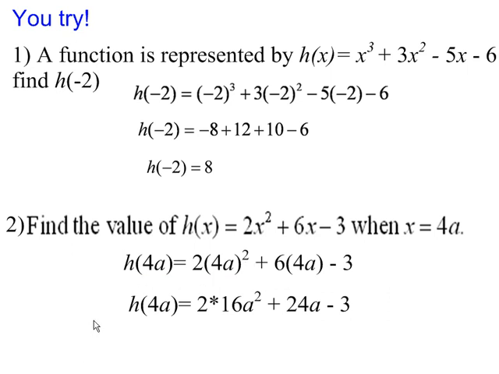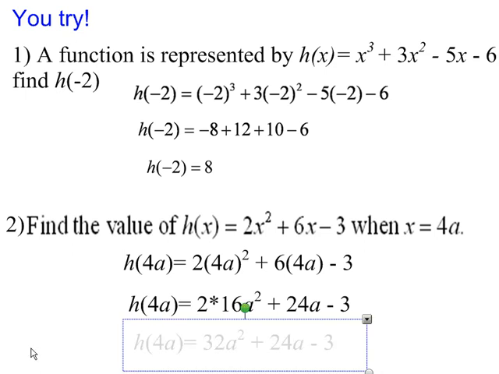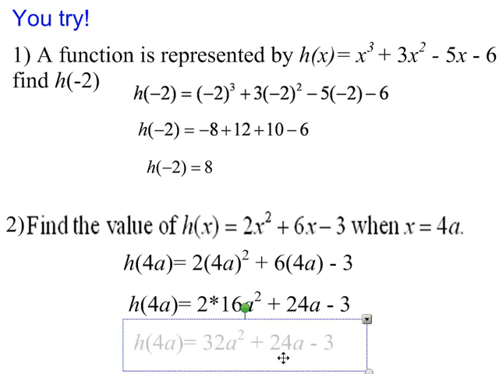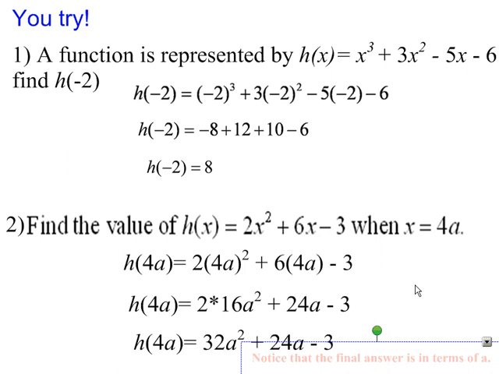Bring down the minus 3. 16a squared times 2 is 32a squared. Bring down everything else. This is the final result. Notice, as I stated before, that the final answer is in terms of a, and that's because an expression was substituted.